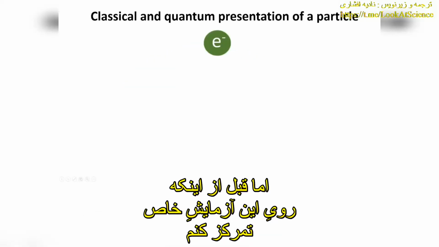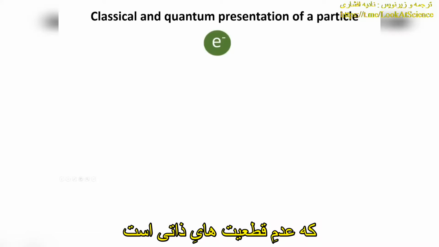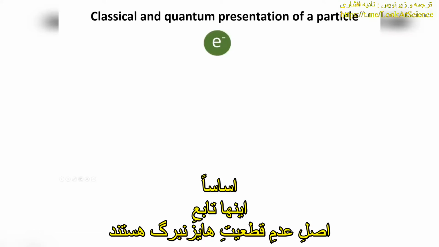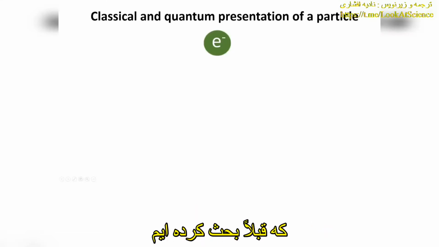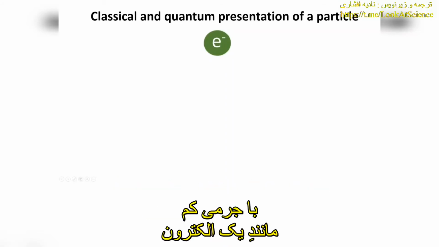But before I can focus on this particular experiment, I must discuss one of the key features of quantum mechanics, which is the intrinsic uncertainties that are present in all matter and light. Basically, these are governed by the Heisenberg uncertainty principle that we have discussed earlier. So let's take, for example, a very small particle with a little mass like an electron.